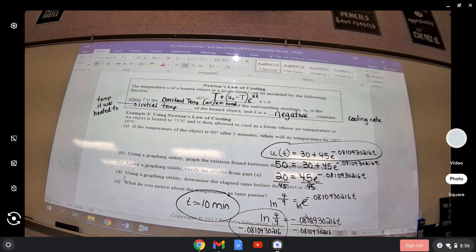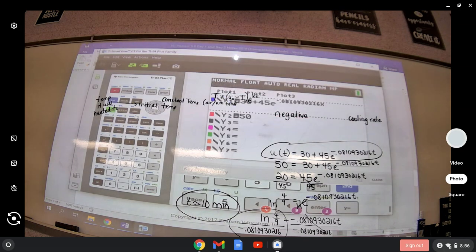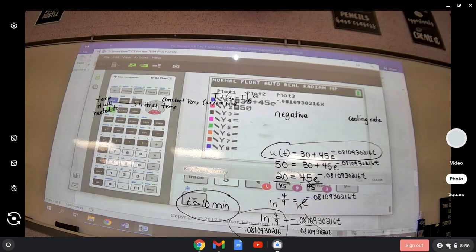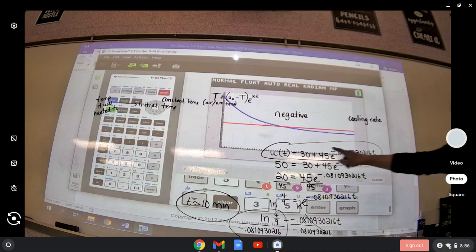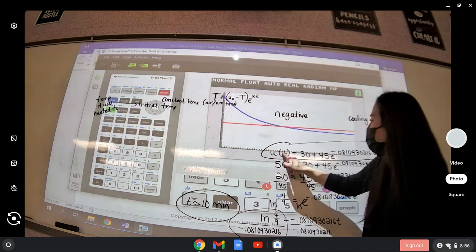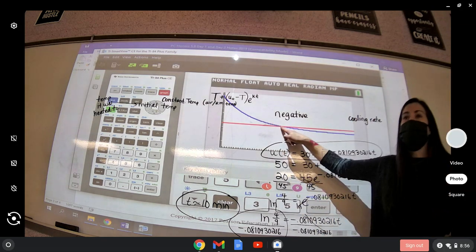The next part says, using a graphing utility, determine the elapsed time before the object is 35. All right, guys, go to your graphing calculator, go to Y equals, take out the 50, let's put 35 in. How much time does it take for it to be 35 degrees? And we'll find that intersection point. So right here is the time it takes for it to reach 35 degrees.